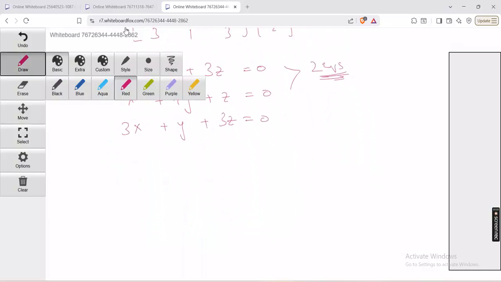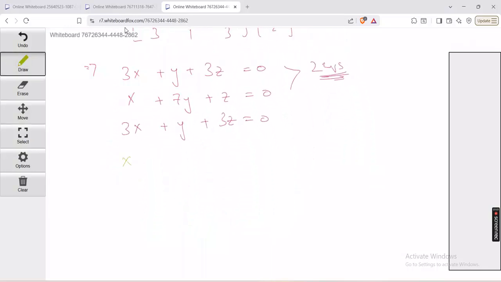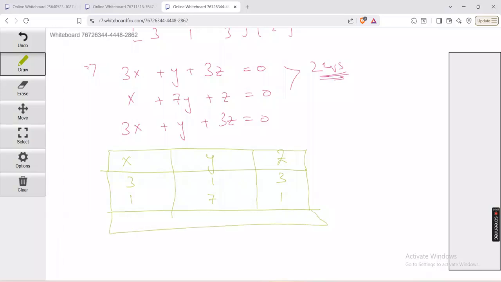Let's make our table. X, y, z. We have 3, 1, 3. We have 1, 7, 1. Now I need values for z, y, x.